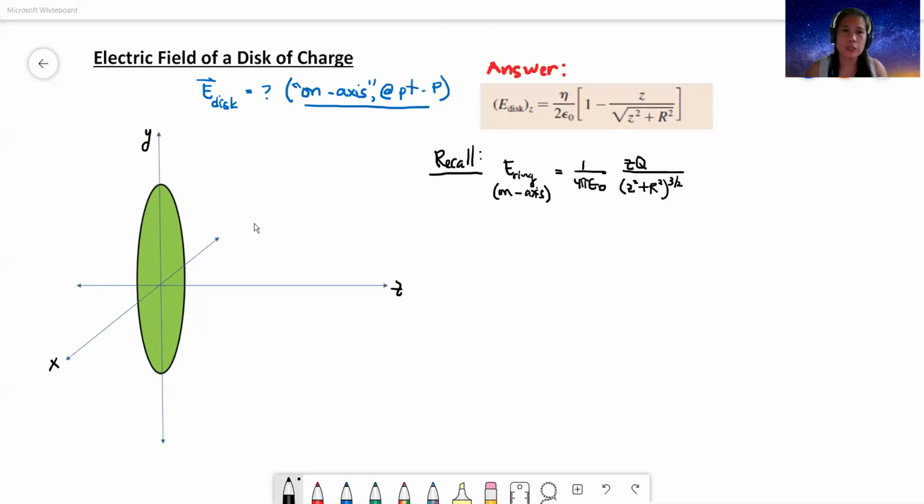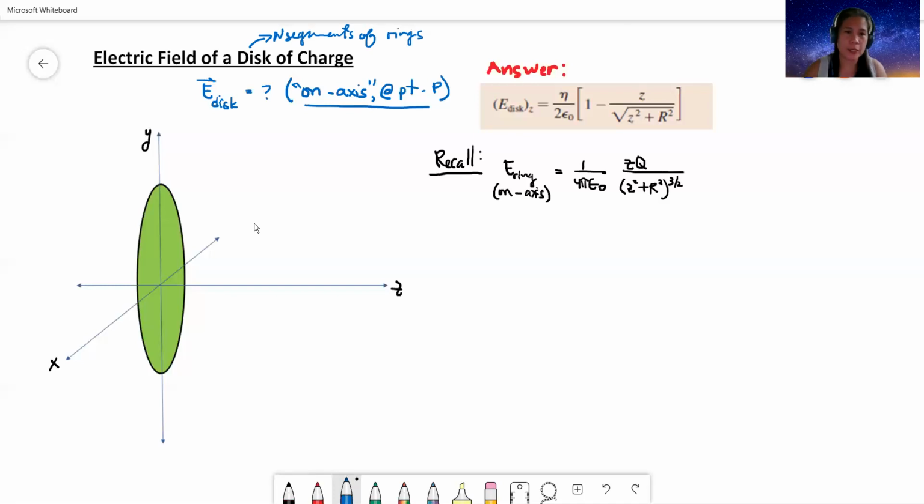So since we consider the disk of charge as composed of n segments of rings, and that is our simplified shape, we can start with this equation for every segment.